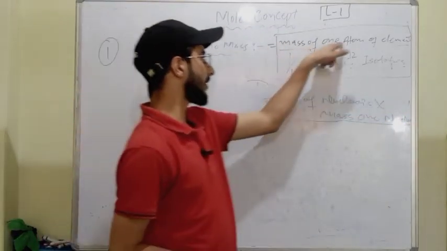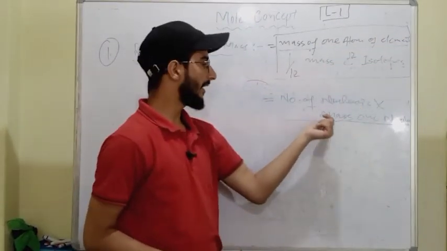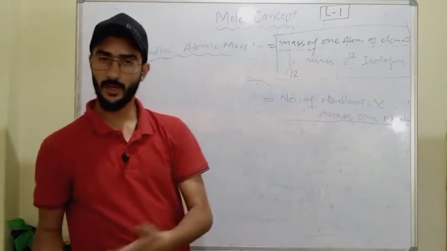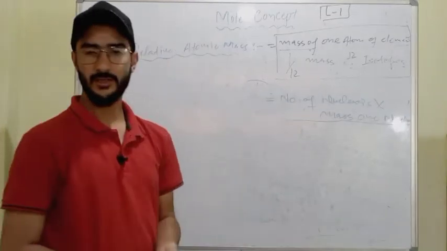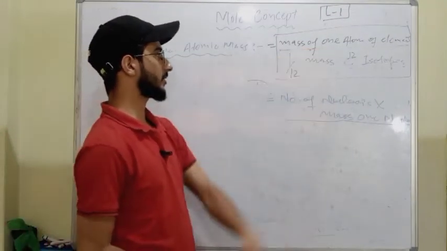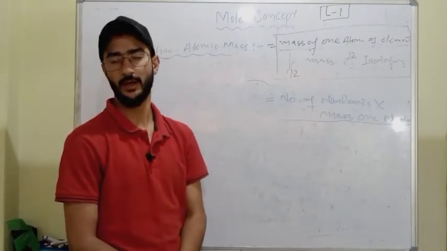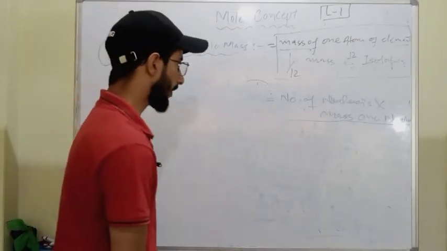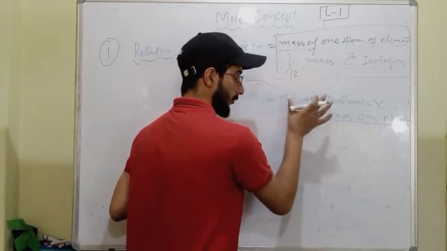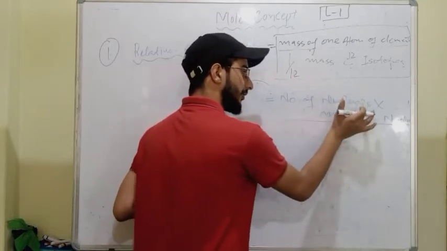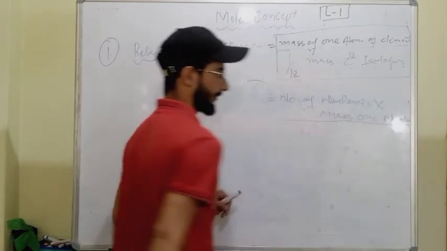It means that the mass of one atom will be equal to how many nucleons are present and what is the mass of one nucleon, as we already know that the particles responsible for the mass of an atom are the neutrons and the protons, and the mass of these two is approximately equal. So now I will write how many protons and neutrons are present, which we consider as the number of nucleons, and what is the mass of one nucleon.